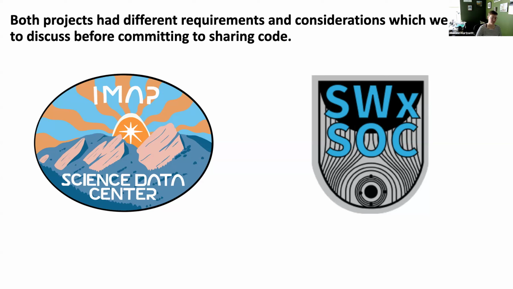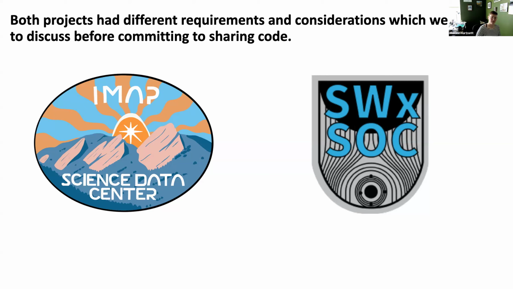So it did require a fair amount of rewriting to make it work for IMAP as well. IMAP also has 10 instruments on it, so there's a lot of consideration there about sharing work as much as we can, because if we have to do something 10 times, that's really a lot. So that was a big focus for us when we were looking for these tools, or looking to make these shared pieces.